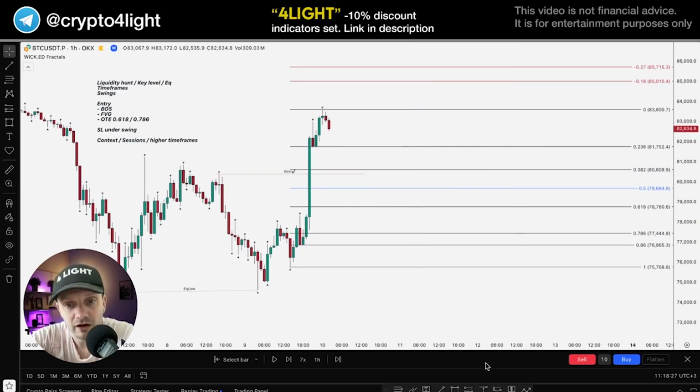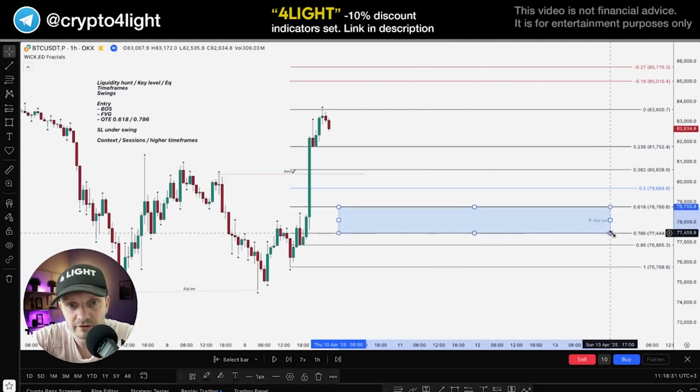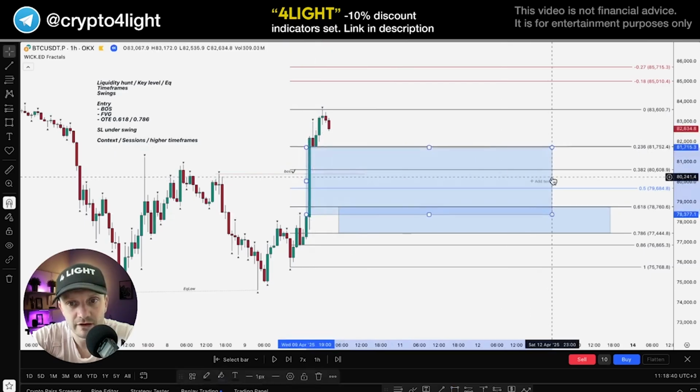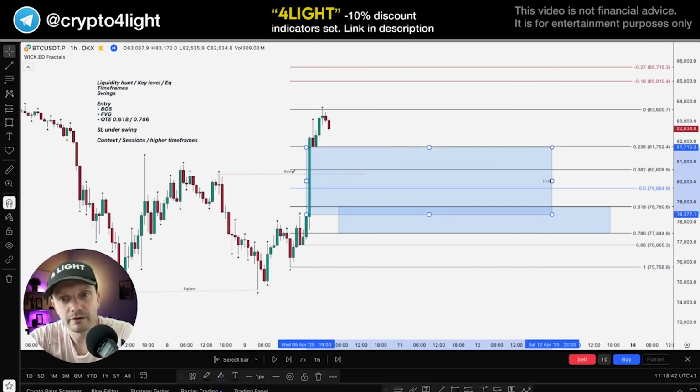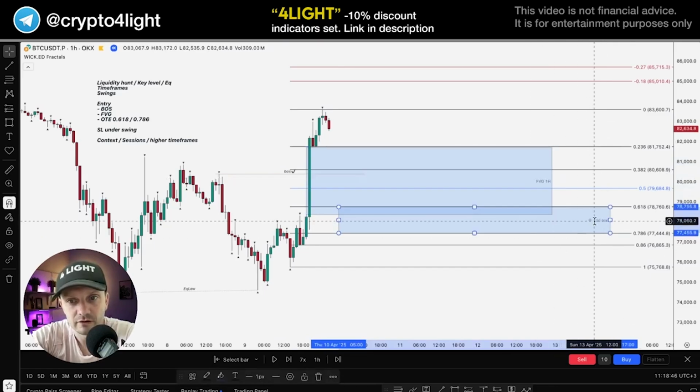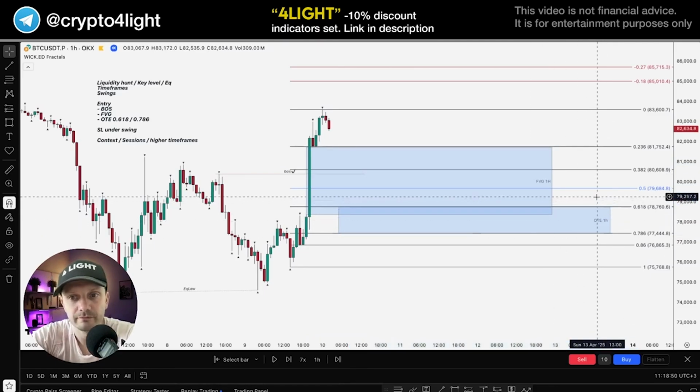But the optimal trade entry could be here in this block. Plus, we can identify we form the gap on the 1 hour time frame here. So this is a fair value gap, 1 hour time frame. This is the OTE, 1 hour time frame.